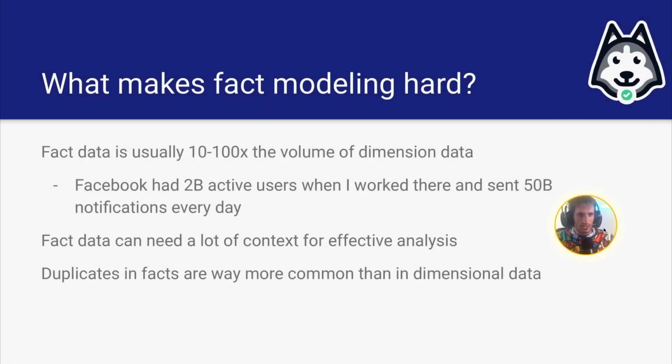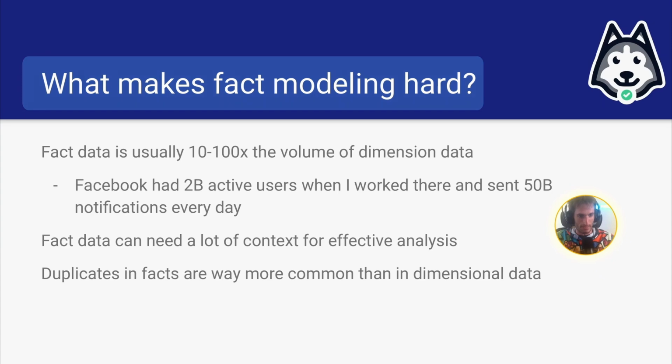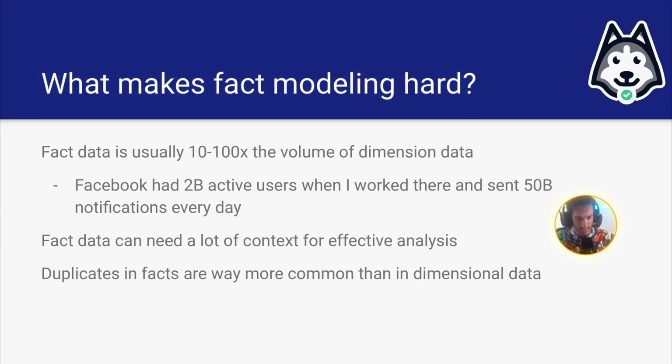Facts are more challenging because there's a lot more of them. If you think about it, let's go back to the number of steps that you take every day. If you have 10,000 steps a day, that's a lot more data than you as a person, right? Instead of having one row of data for you as a person, you have 10,000 rows of data, one for every step you took.